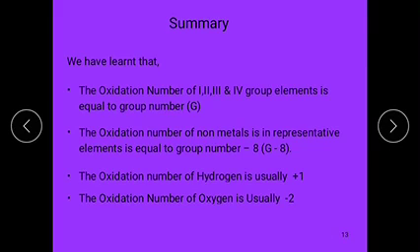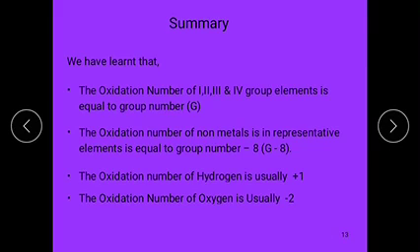In that case we can calculate the oxidation number of sulfur. The sum of the oxidation numbers of atoms in a molecule is equal to 0.